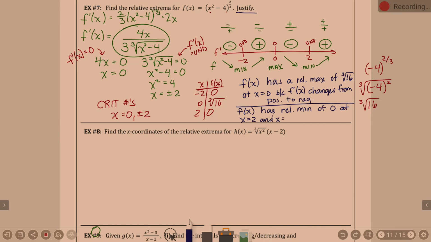And why do mins occur? Because f prime goes from negative to positive. And again, the symbols I draw with my number line are what helps me keep my brain organized there.